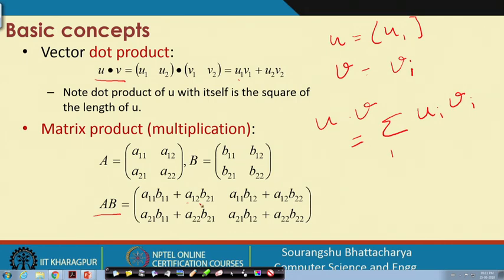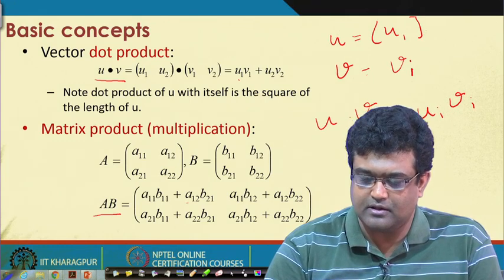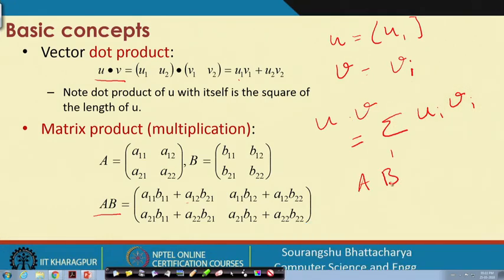In other words, the entries of the matrix A times B are, so the ijth entry is the ith row of the matrix A times the jth column of the matrix B. Okay.